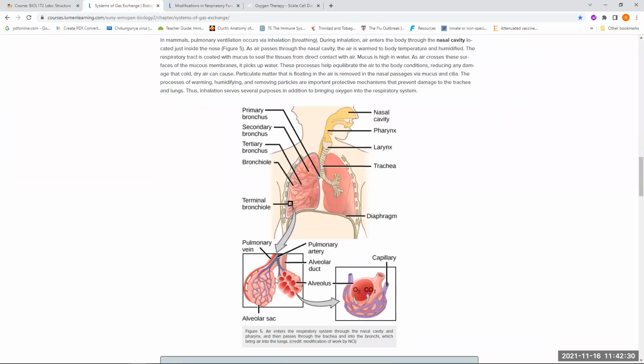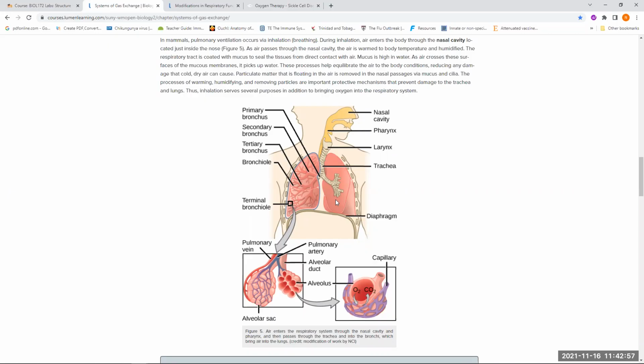Very important to note, if you were to look at this bronchial tree, what is the only part where you have the exchange of oxygen getting into the blood? Out of these five, what is the one and only place where oxygen gets into the blood by diffusion?